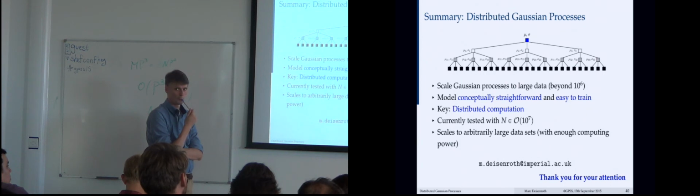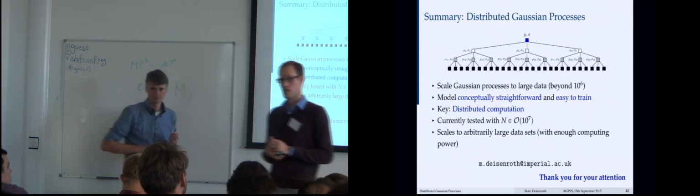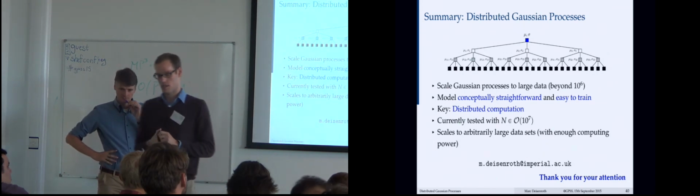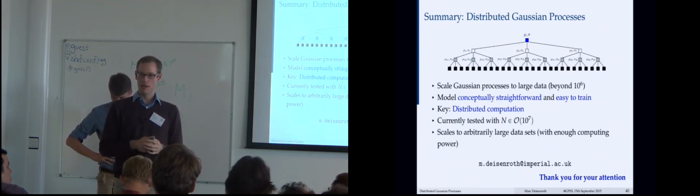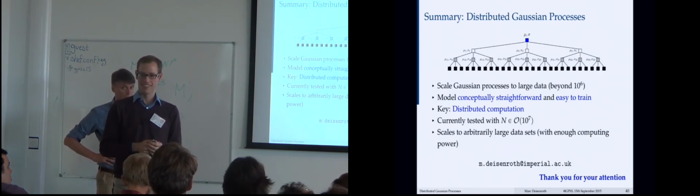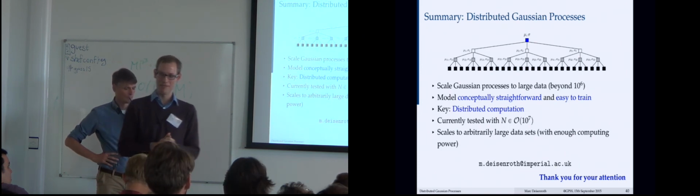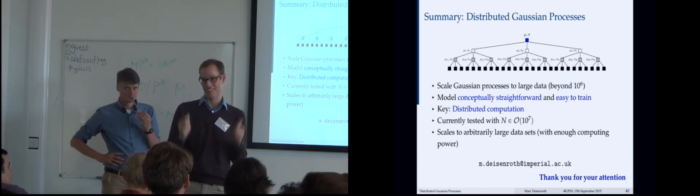I just wanted to ask, what about online updating? Can you update parameters if you receive a new batch of data? So now I can say we can do everything that we can do with Gaussian processes. That means if we have a good solution to online updating of the parameters with a normal Gaussian process, we can do that here as well.